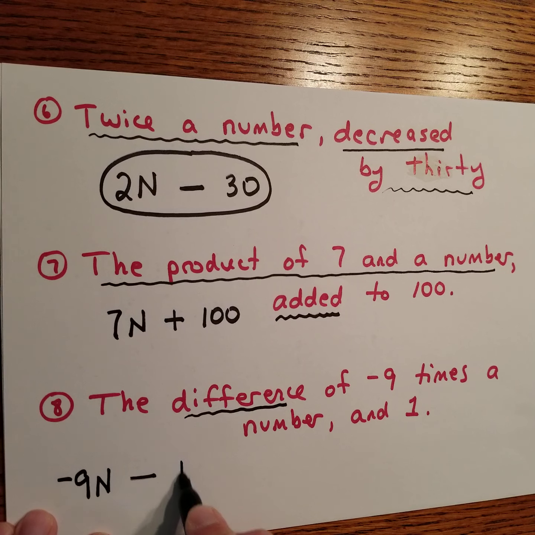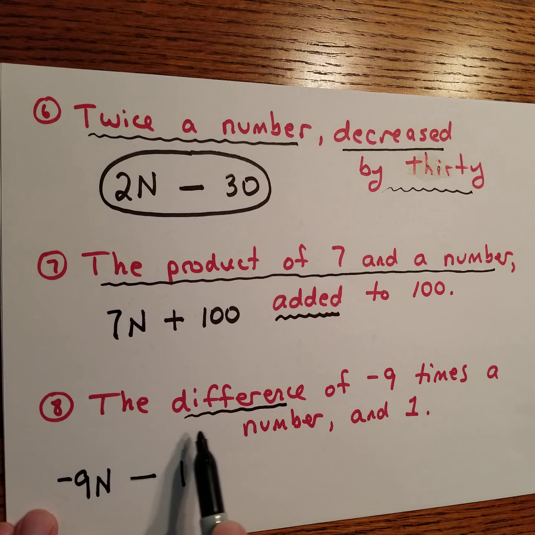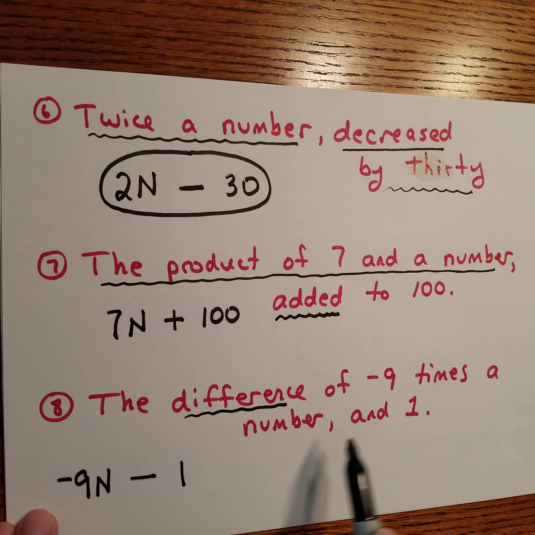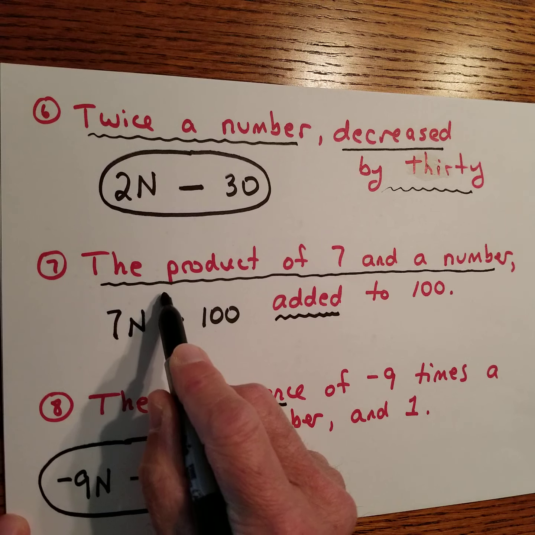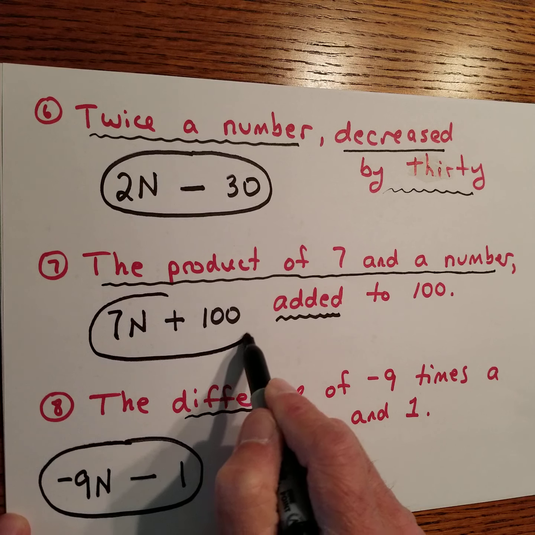Of course, 1, I'll just put there. Let's see if we got it all. Here's the difference of -9 times a number and 1. Let me circle all of my answers.